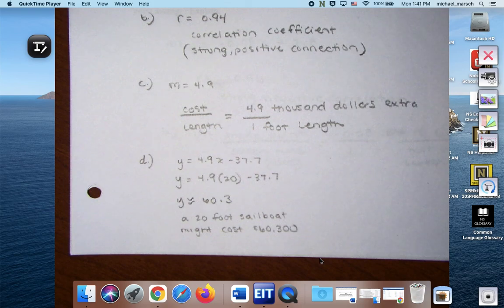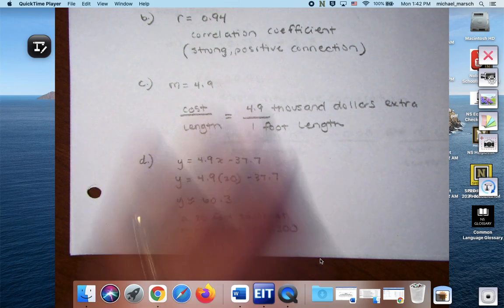If I actually had this on a graph, like let's say I had the scatter plot all made and I have the trend line, what could I have done to figure out what the cost would be for about a 20-foot boat? Hayden? Just find the point 20 on the graph and see where we would intersect on the line. Perfect, right?